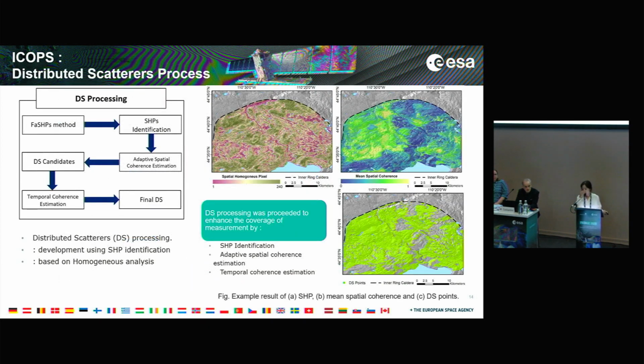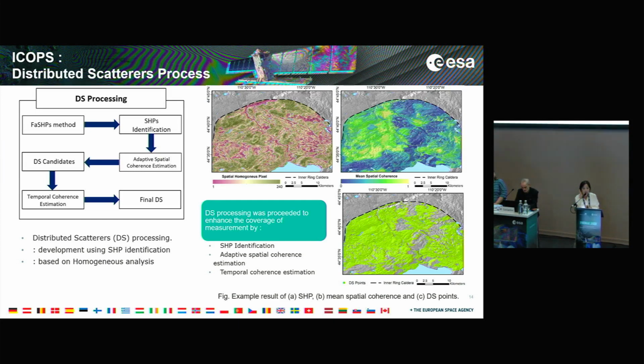And the distributed scatter process was processed to enhance the coverage of measurement. We use SHP identification and additive spatial coherence estimation or temporal coherence estimation.